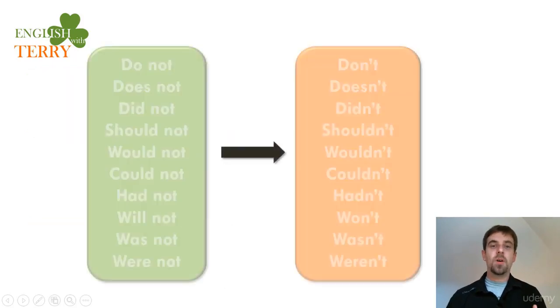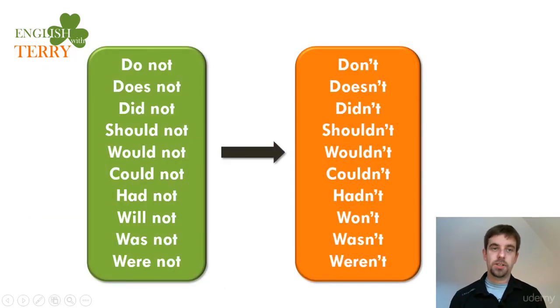And we see this all the time in English: do not, don't; does not, doesn't, didn't, shouldn't, wouldn't, couldn't, hadn't, won't, wasn't, and weren't. This module will show you that this T, when we speak quickly, disappears.